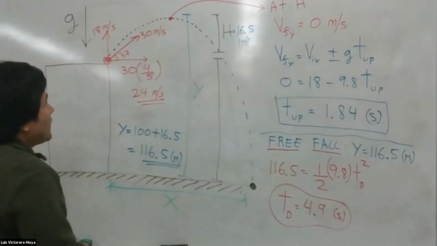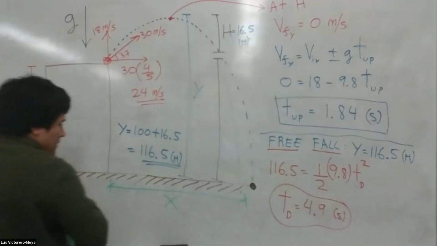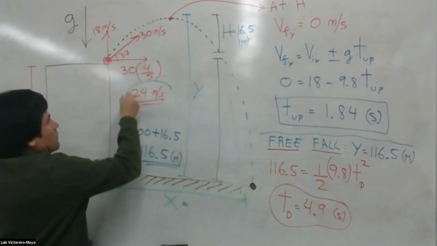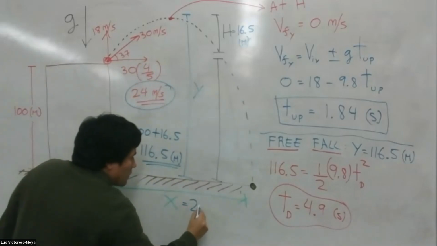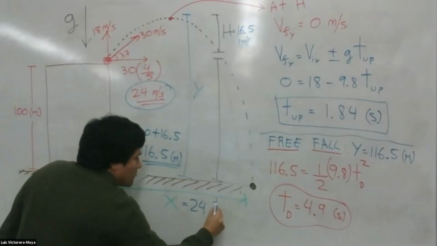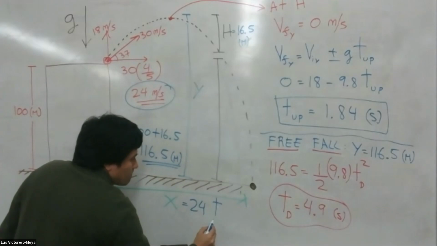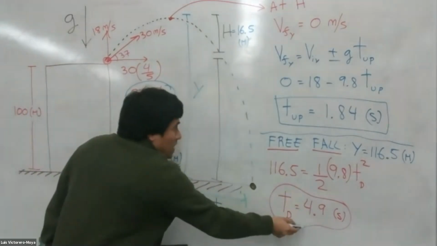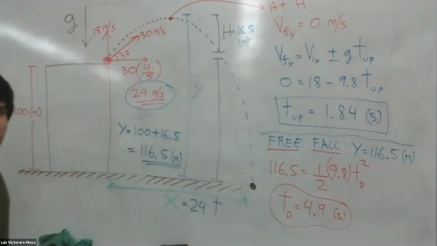How, will you ask? x, guys, here, x is the horizontal speed times the total time. The total time is the time to go down plus the time to go up. And that's how I find x. So let's do that.